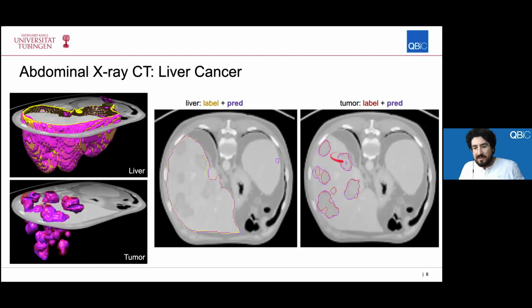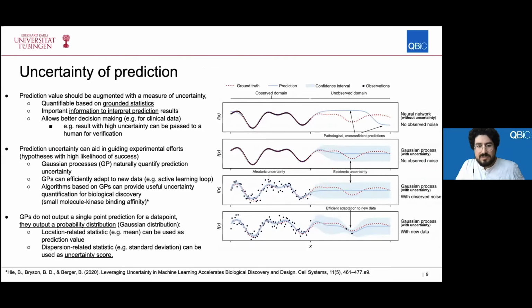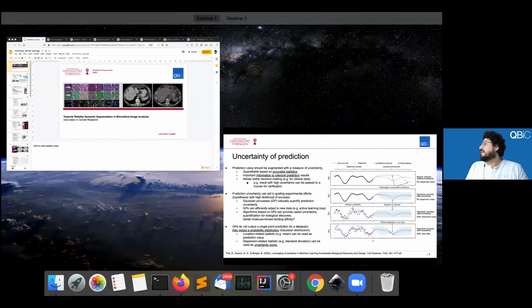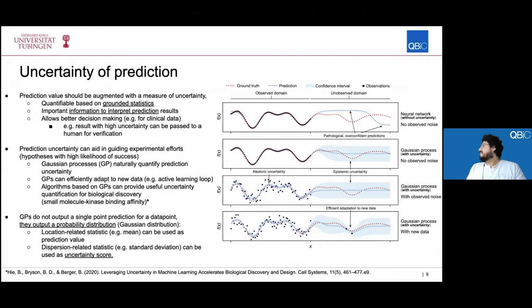The same for the tumor class. So it seems like the network lacks some specificity, but more or less it's able to detect tumors. So it's great that we are able to have these very neat results.